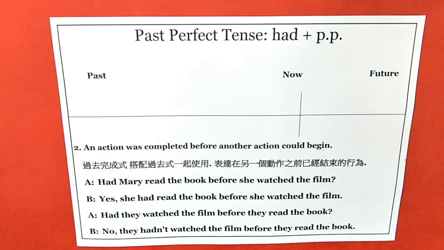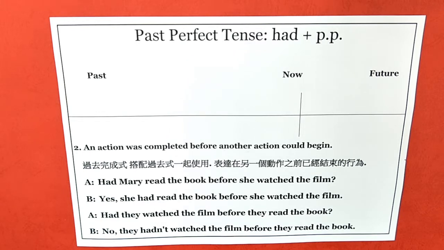Once again, the past perfect tense, had plus PP. Remember, PP is past participle. In the example, to eat, eat, ate, eaten. Eaten is the past participle.